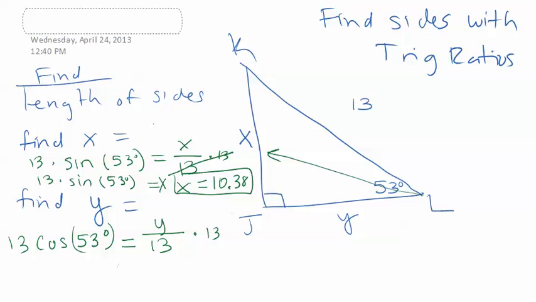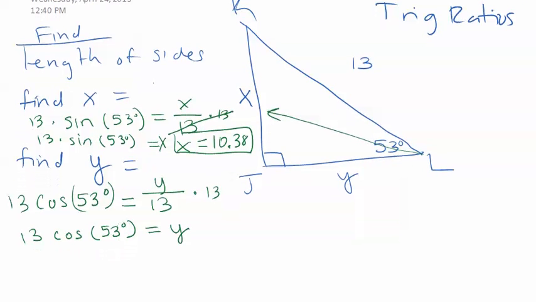This time, I'm going to put in 13 and then the cosine key times 53. You don't have to type in the degrees, just type in 53. Make sure your mode is set to degrees, though. Otherwise, it'll give you radians and you'll get the wrong measurements. All of this is equal to y.